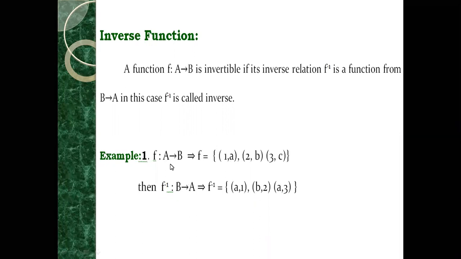Then the inverse function of the given function is from B to A. Then f inverse is equal to a comma 1, b comma 2, c comma 3. This is the example for inverse functions. So if a function has an inverse function, it must be a one-one and onto function.